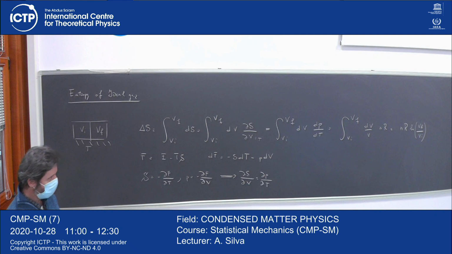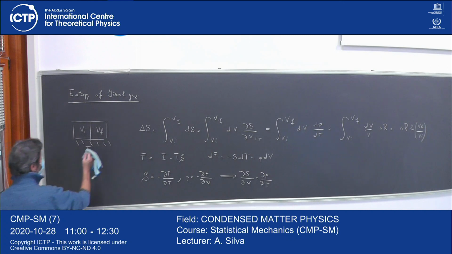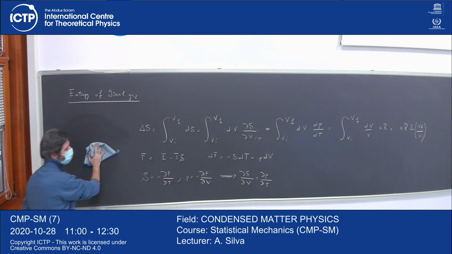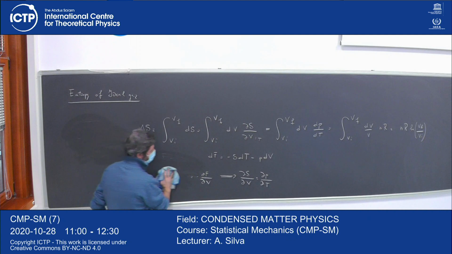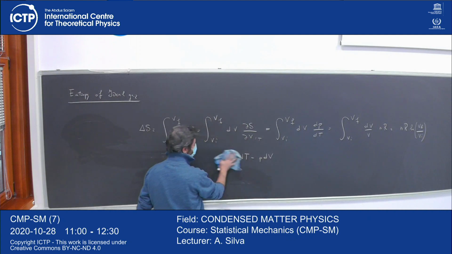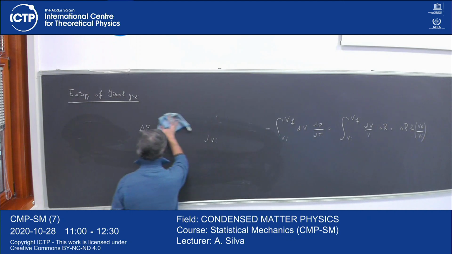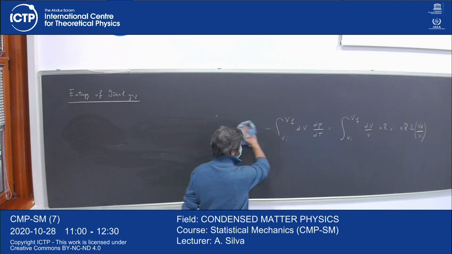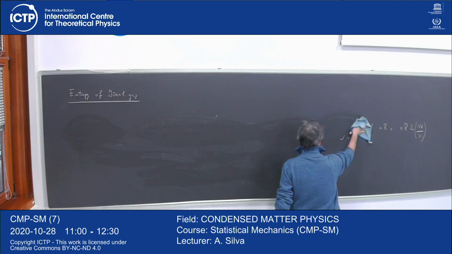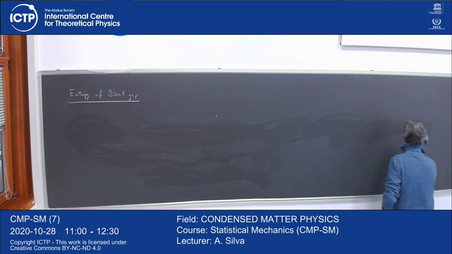Okay, so let's now try, before getting to the entropy, another interesting exercise, because I want to show you the interpretation of derivatives of the entropy with respect to internal energy. And the exercise is the following.